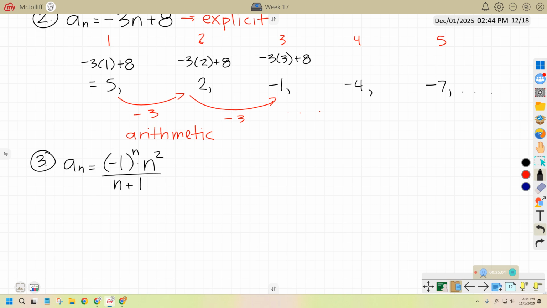So we want to write the first 5 terms of the sequence defined by a sub n equals negative 1 to the nth power times n squared, all divided by n plus 1.